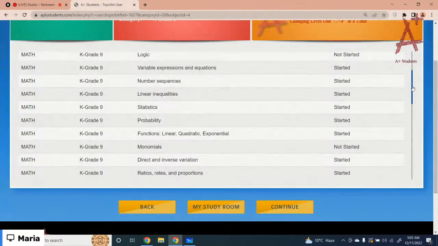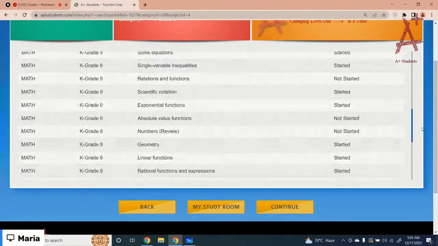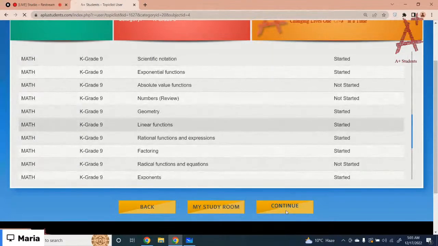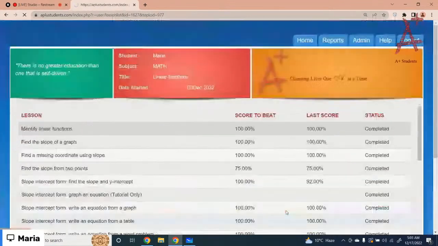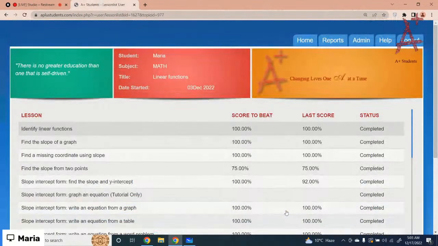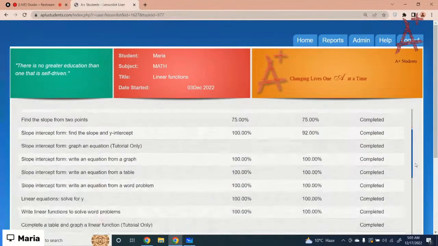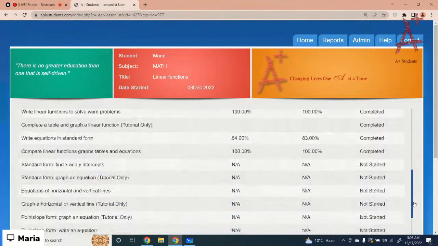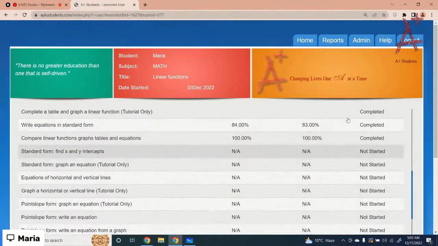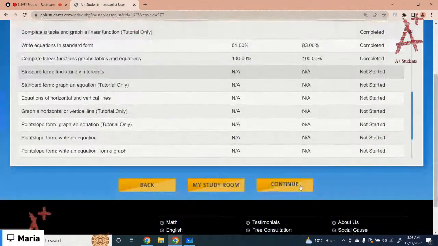Here is the linear function. And the lesson name is, okay, here is the lesson. Standard form, find x and y intercept.